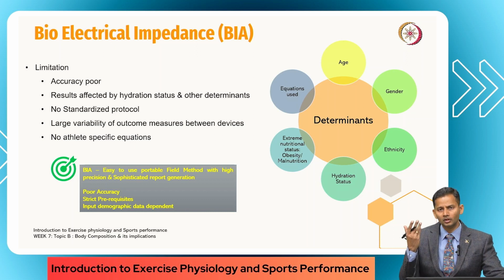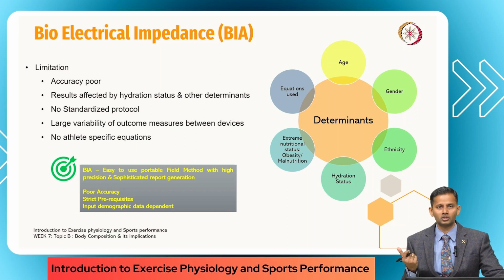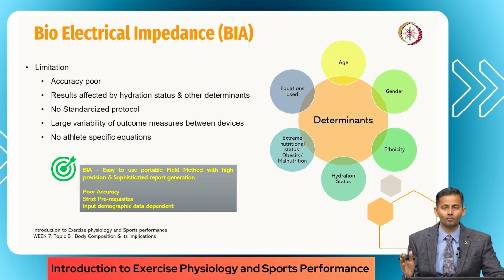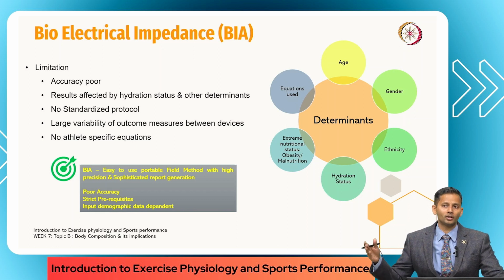So to summarize, the bioelectrical impedance method of body composition is an easy to use, prevalently used field method. However, it has a large gap in terms of accuracy. However, it can be used for following up longitudinally.